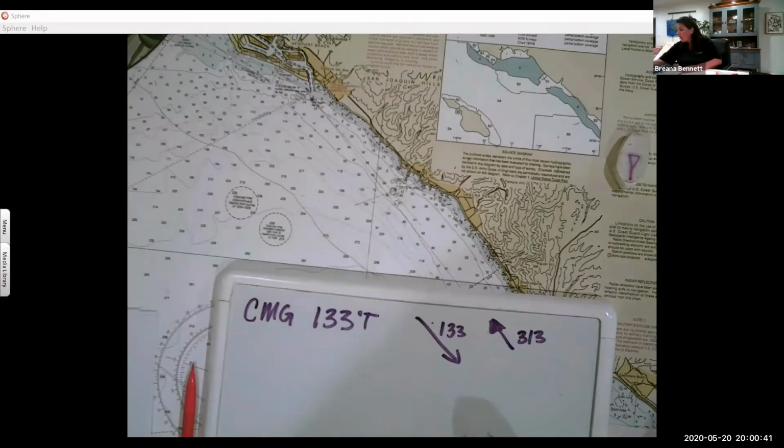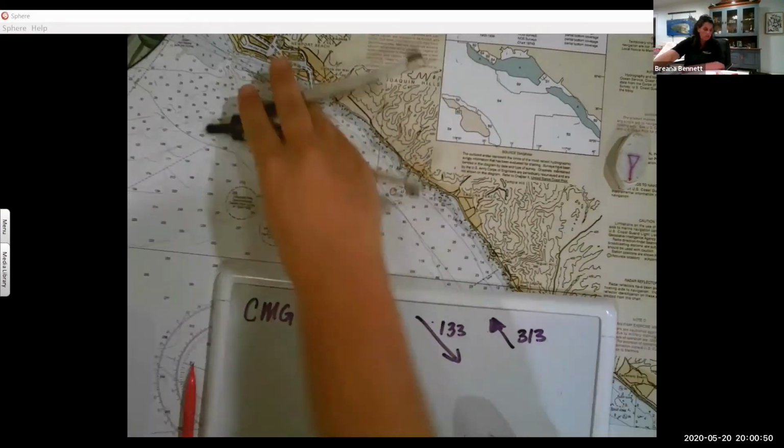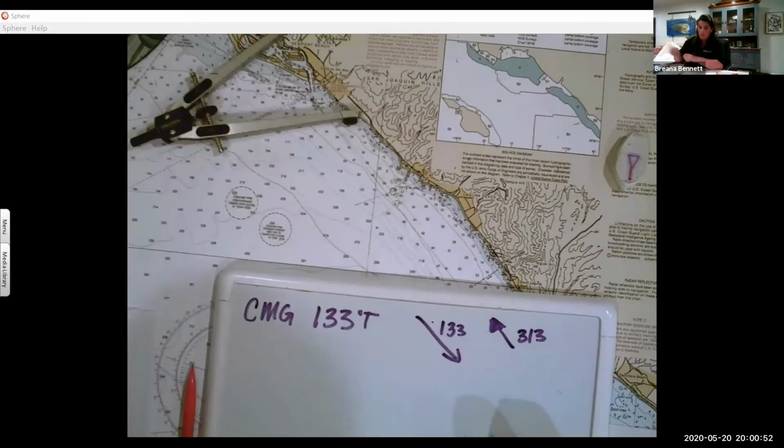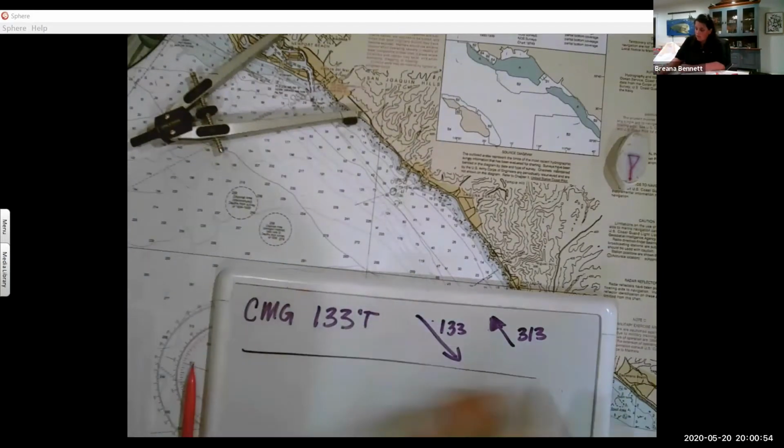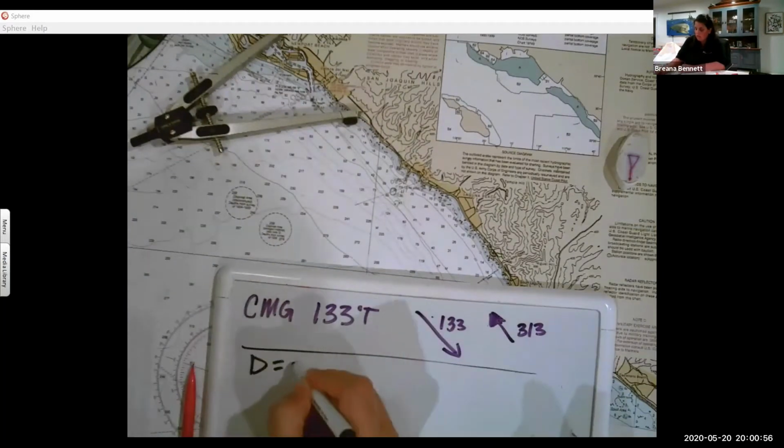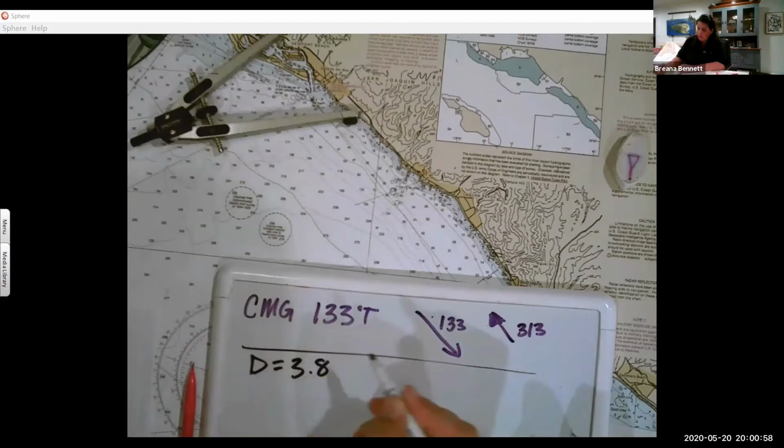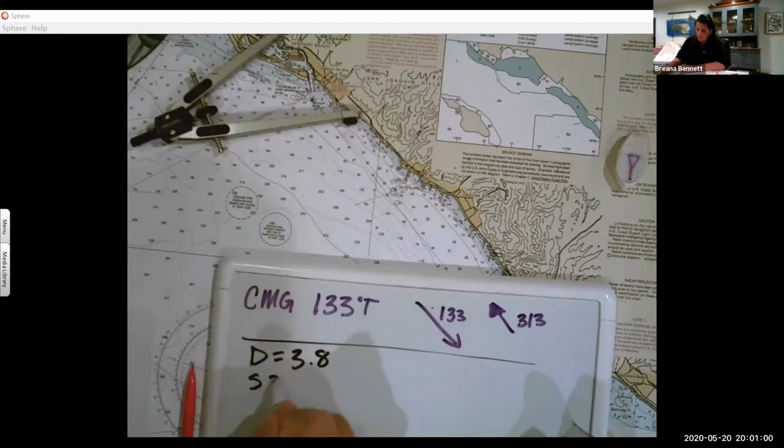Distance of 3.8. So if I have a speed of, what was my speed? Oh, I'm looking for speed, right? And my time was 38 minutes.